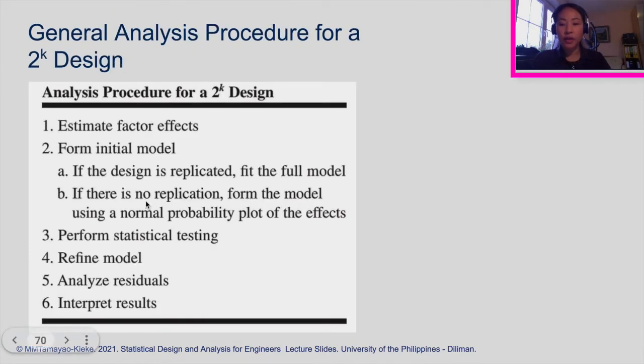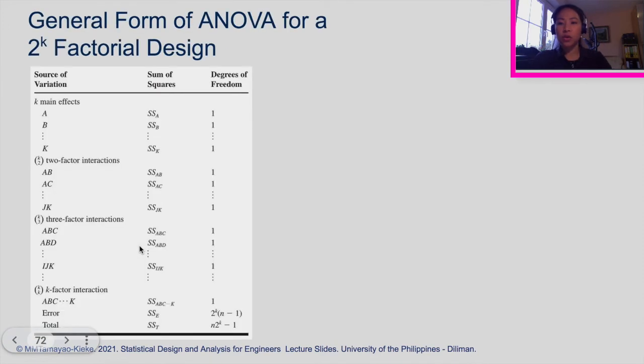As I mentioned earlier, the formal testing procedure for factorial design is the ANOVA. The general form of analysis of variance for a 2 to the k factorial design is shown here in this table from Montgomery. So you have the source of variation.